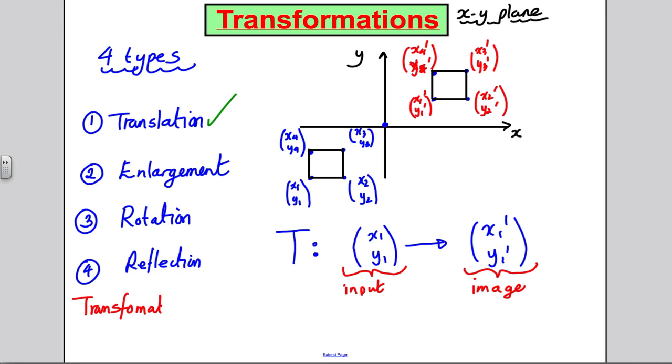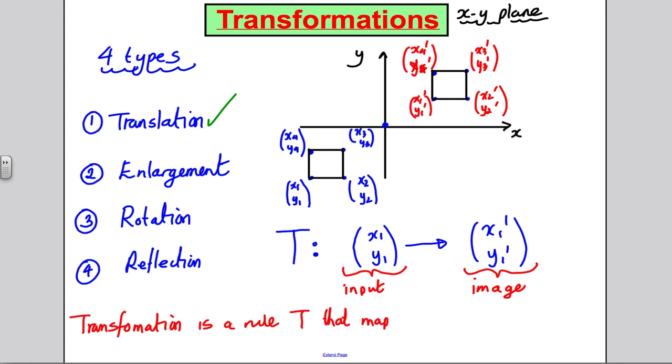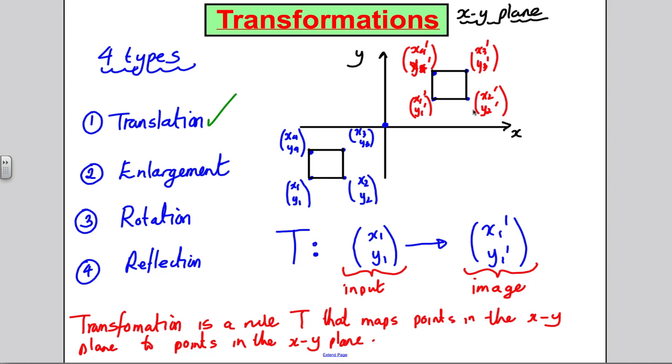Well, a transformation is a rule, let's call it T, that maps points in the xy plane to points in the xy plane. Okay, it takes a set of points and it moves it somewhere else in the plane.